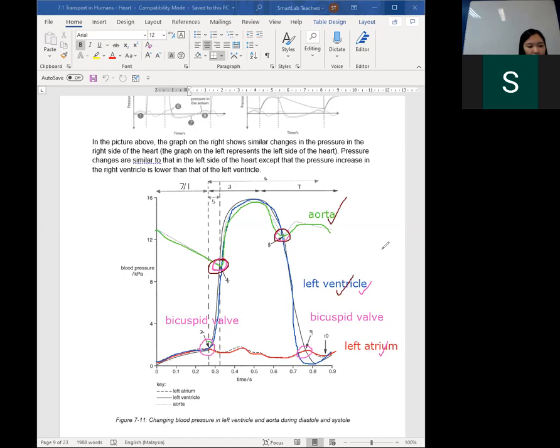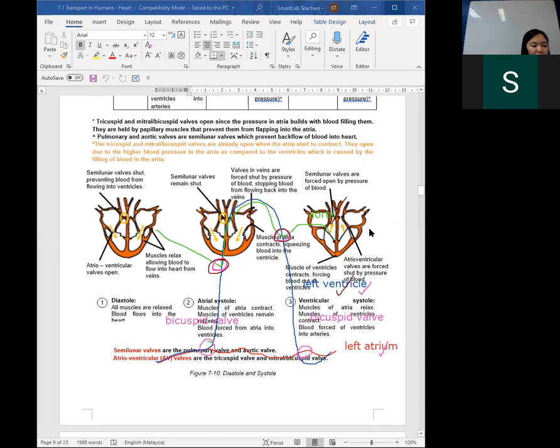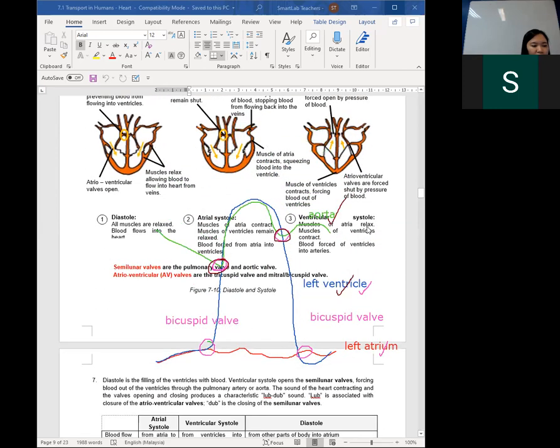So if I can scroll this back up, yeah. If you look closely here, this is the ventricle, right? Ventricle, all the way, ventricle, correct?